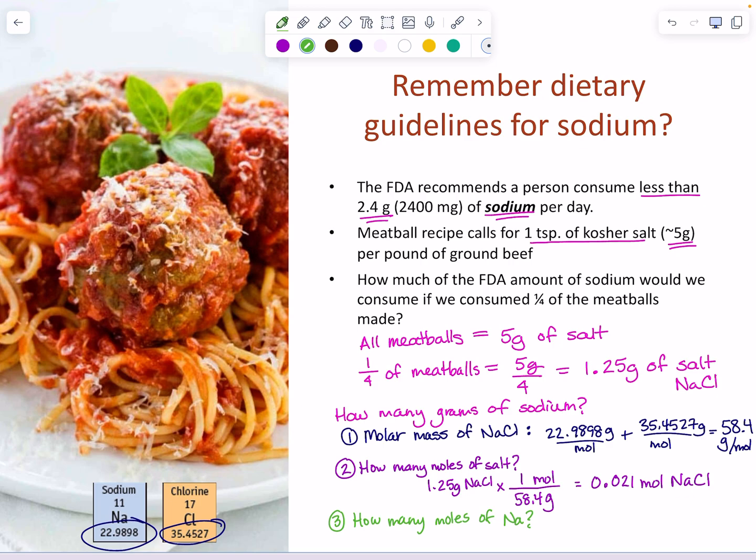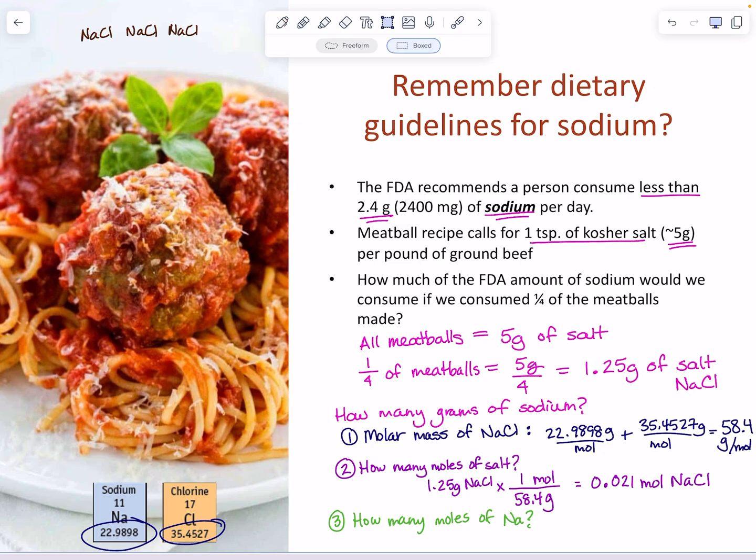Now, it is simpler in this case than it would be if we had a more complex compound, because if I have 1 mole of sodium chloride, how many moles of sodium atoms do I have? Well, let's do it this way. I'm going to draw out a picture for you. Say I have 1 dozen molecules of sodium chloride. 1, 2, 3.